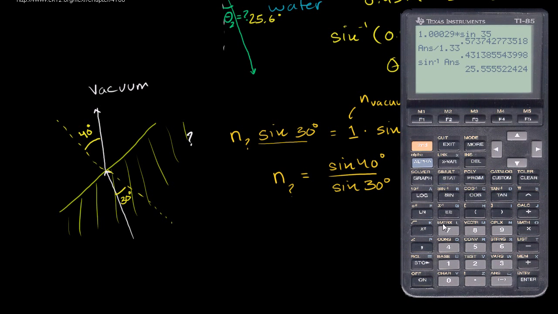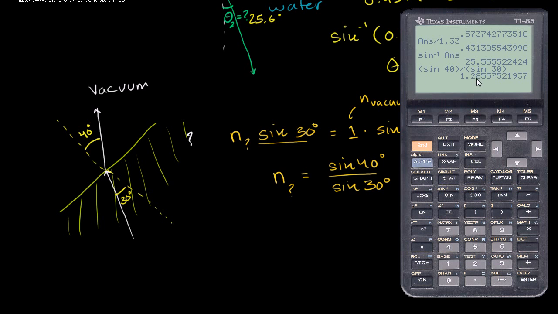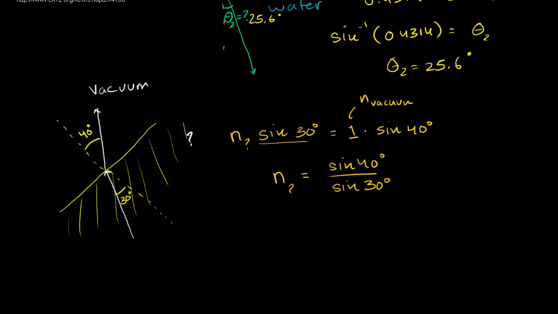And so we have the sine of 40 divided by the sine of 30 degrees. Make sure you're in degree mode if you try this. And you get, let's just round it, 1.29. So our unknown refraction index for our material is approximately equal to 1.29.